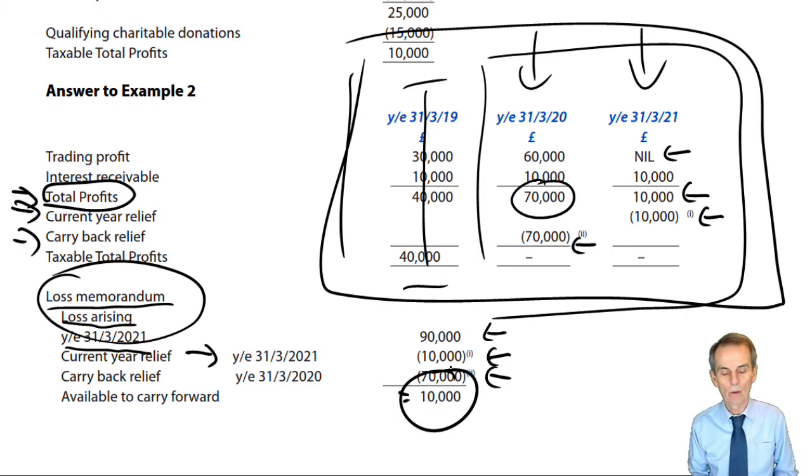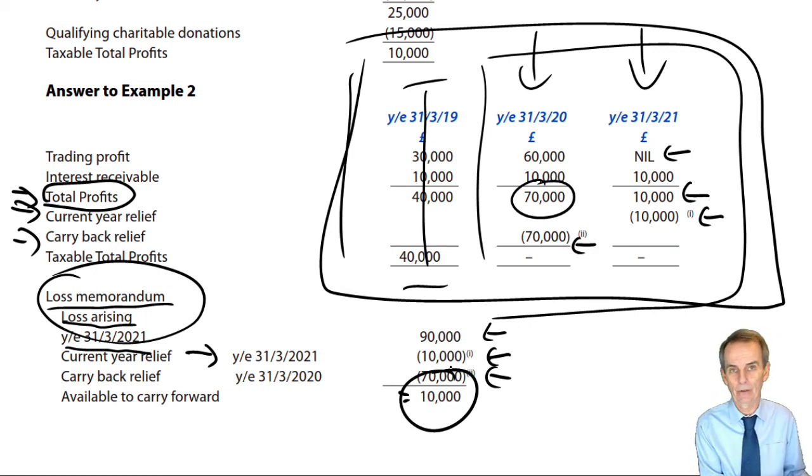Well, we know the normal rules allow current period and then a 12-month carryback. So the only way in a terminal loss situation we could do better than that, because there is no carry forward, you've ceased trading, is of course to be allowed to carry it back further.